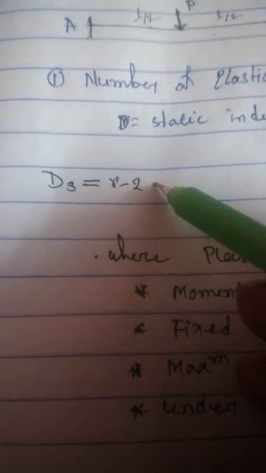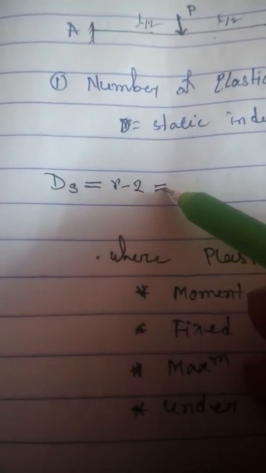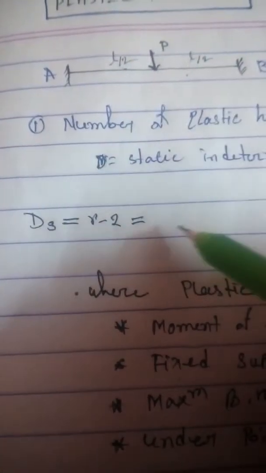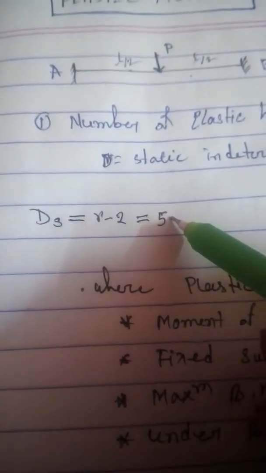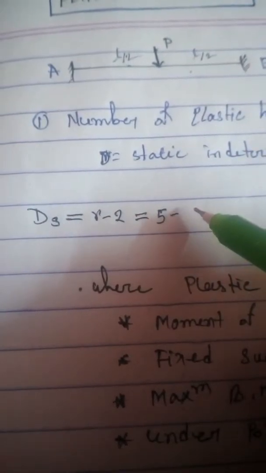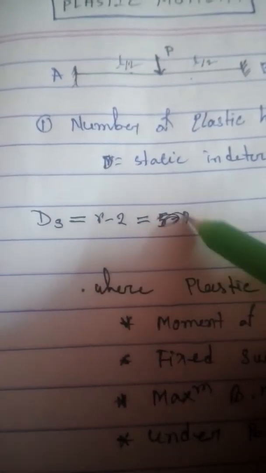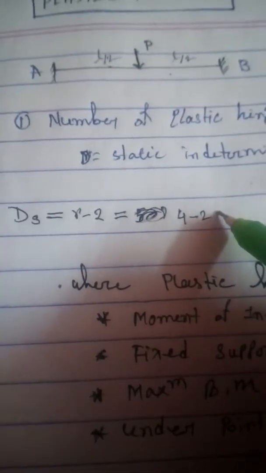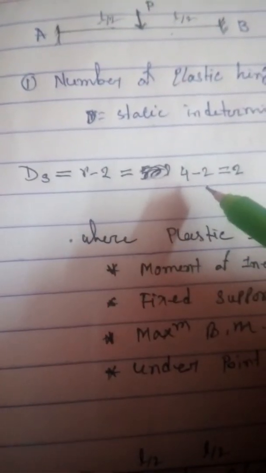So here the number of unknown forces will be 4, minus 2, it equals 2. So the degree of static indeterminacy is 2 here.